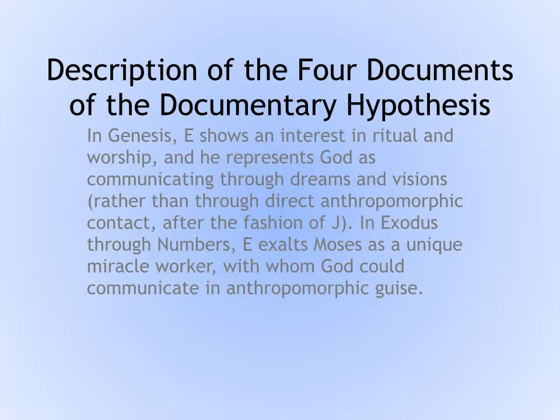I'm not using these terms, the J document, the E document, to tell you that there are actually documents that are marked like this, Judean, Yahwehistic, or Jehovah documents versus Elohim documents, which would be the E. I'm not telling you that that's the actual case. I'm telling you this is the theory, and I'm just teaching you so you understand this. And then we're going to go into some other contrary views about it.